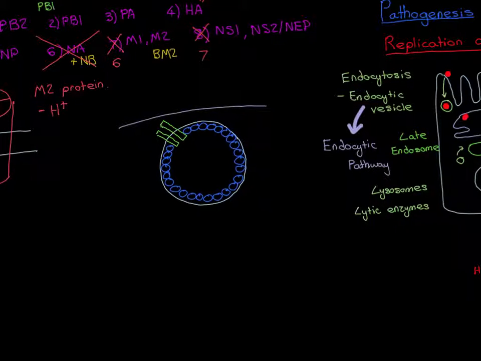The M1 proteins are also called the matrix proteins. Just labeling a few bits up here: we've got M1 there in blue, and here is the M2 ion channel over here. And remember, all 3 of the viral species have an M2 ion channel.